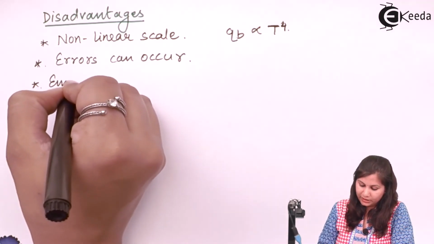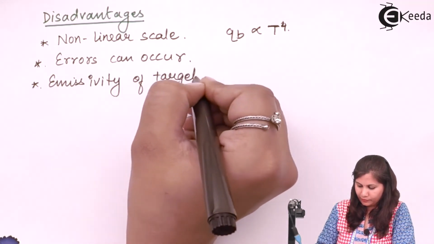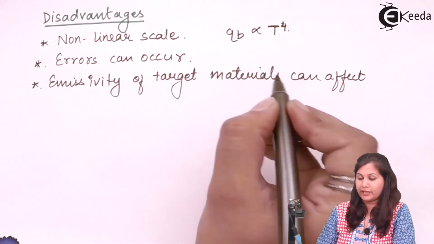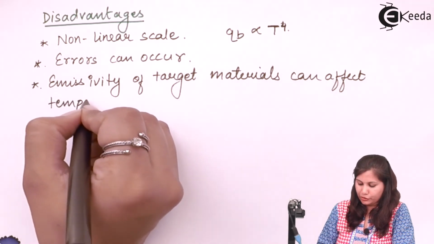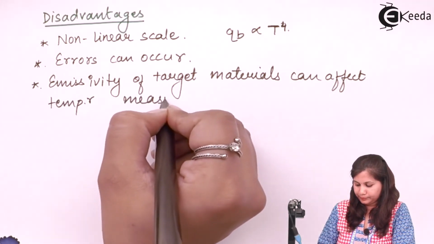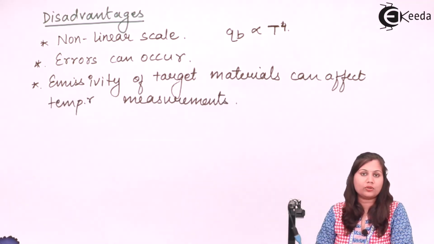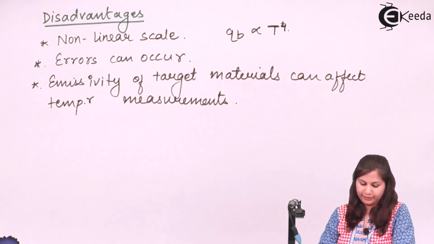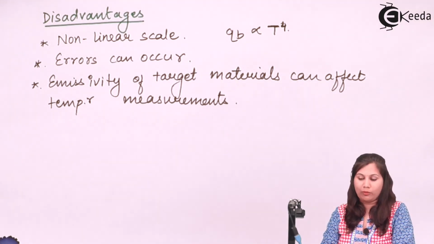Also, emissivity of the target material can affect the temperature measurements. Emissivity is also a factor for the hot objects, so that is going to affect the temperature measurements. So these were the advantages and disadvantages.